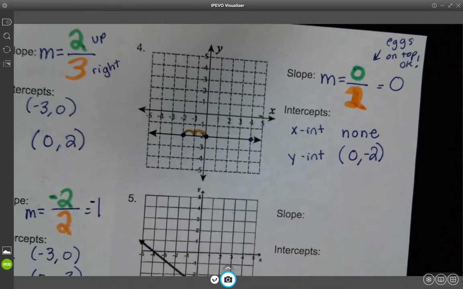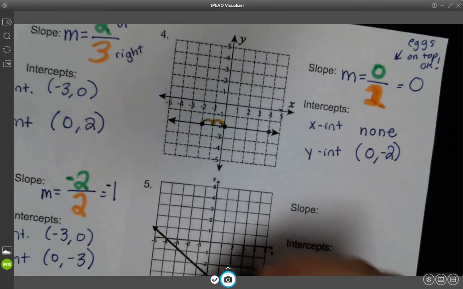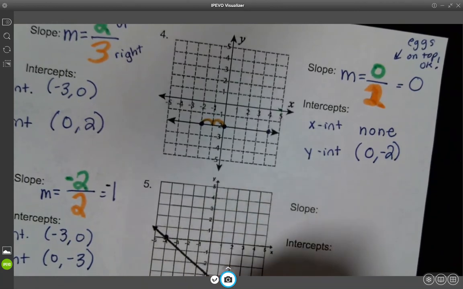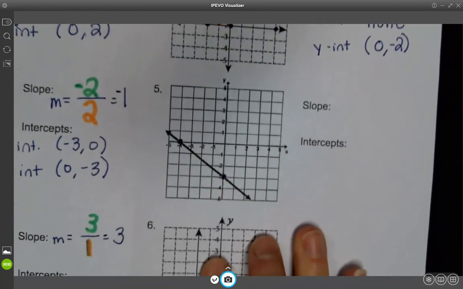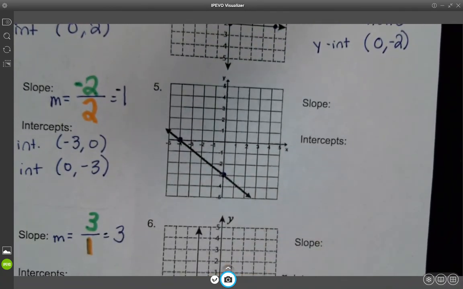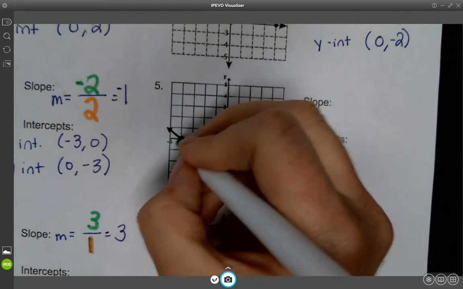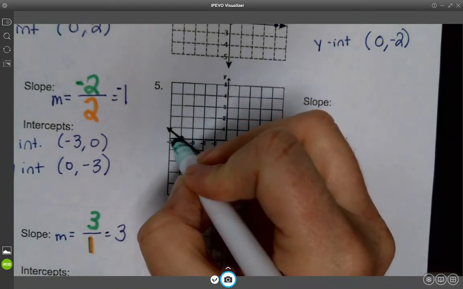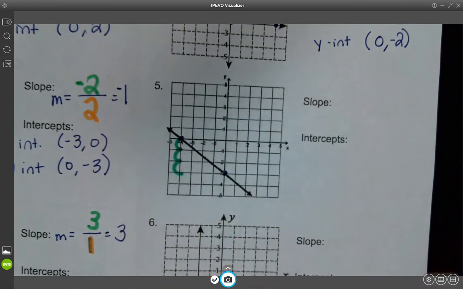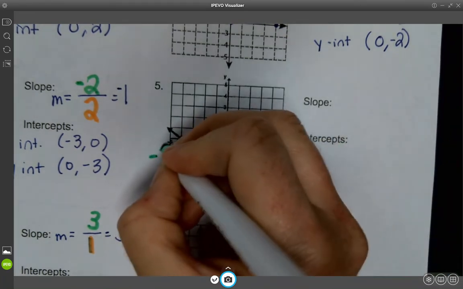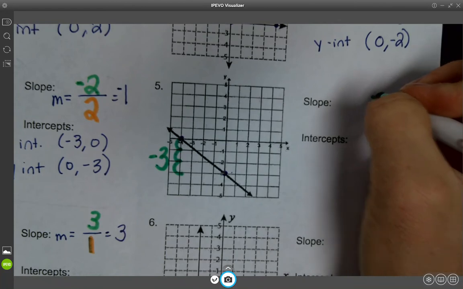Okay, let's go to the next one. Find 2 coordinates. So -4 on the x-axis, -3 on the y-axis. Okay, so go ahead and do it with your rise color. So down 3 would be a -3.